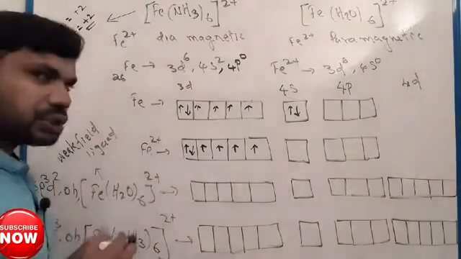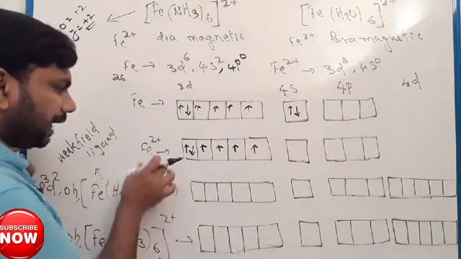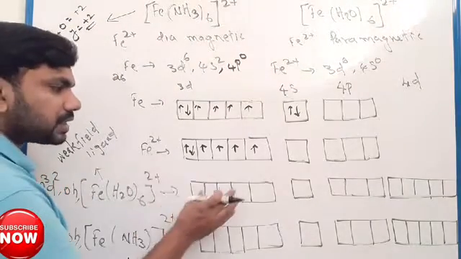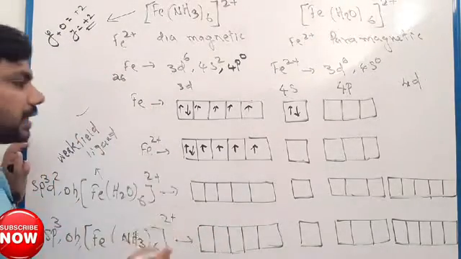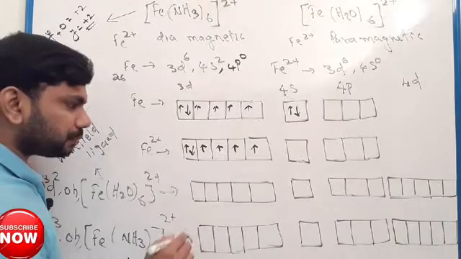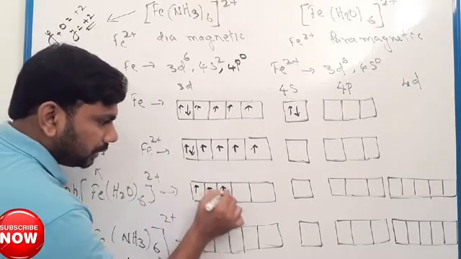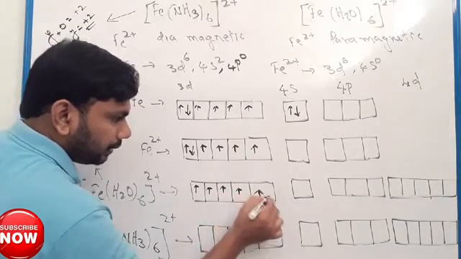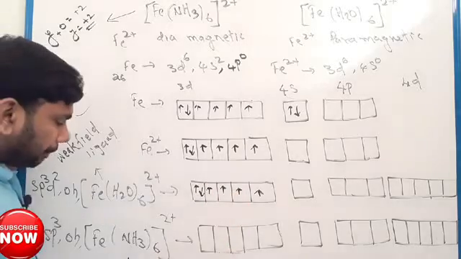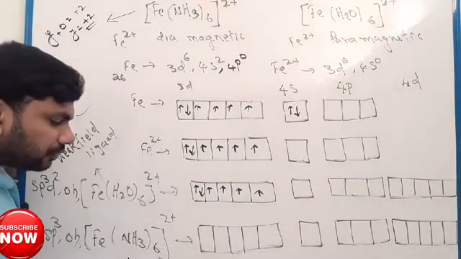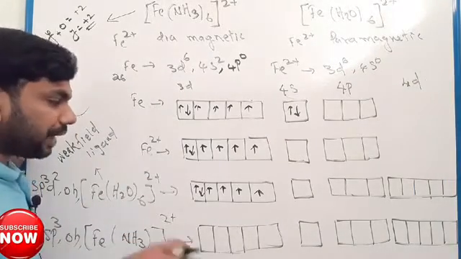Here I told you H2O is a weak field ligand and pairing does not take place. Actually here it is Fe2 plus, there are 6 electrons. H2O is a weak field ligand, so pairing does not take place. So we have to do like this: 1, 2, 3, 4, 5, 6. So here pairing does not occur. But here NH3 is a strong field ligand. Strong field ligand means pairing takes place.